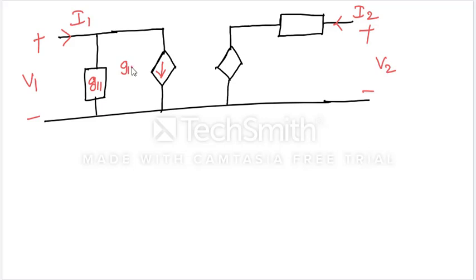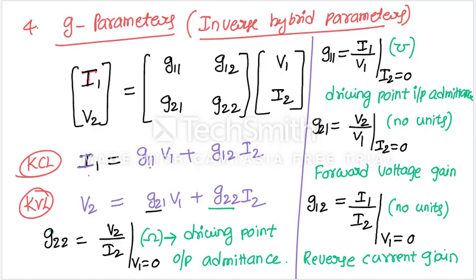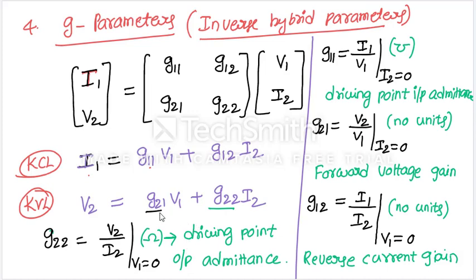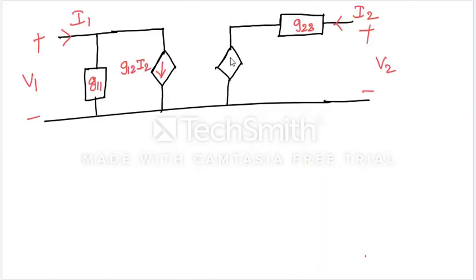This is G12 I2, this equation is satisfied. So this is G22, and next this is G21 V1, a voltage source. Apply the KVL to this loop and we get this equation.